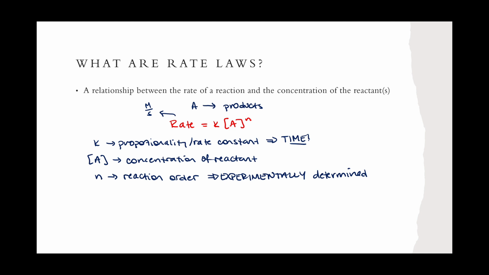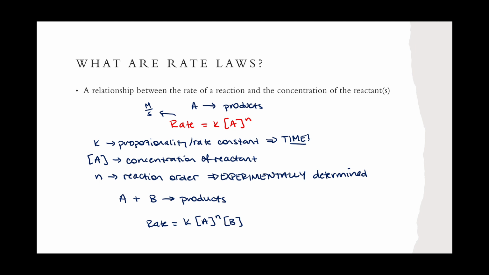If you have more than one reactant, if we had a reaction where we had A plus B to form products, we would write our rate law similarly. We would still have k, we'd still have that rate constant. We would have A raised to the n power. Each reactant has a specific reaction order. So reactant A would have n reaction order.